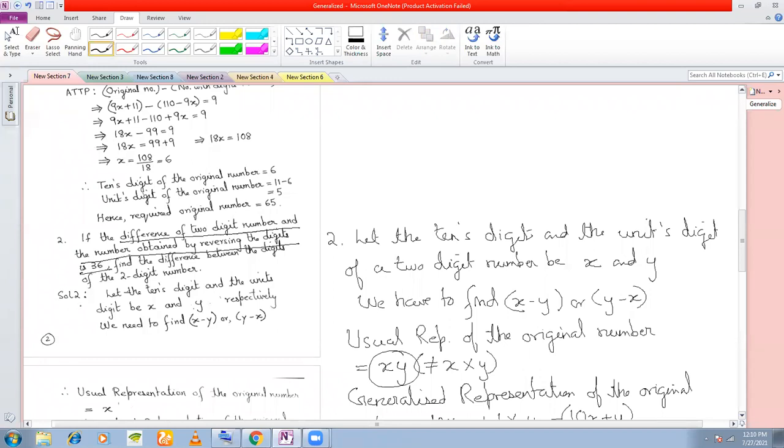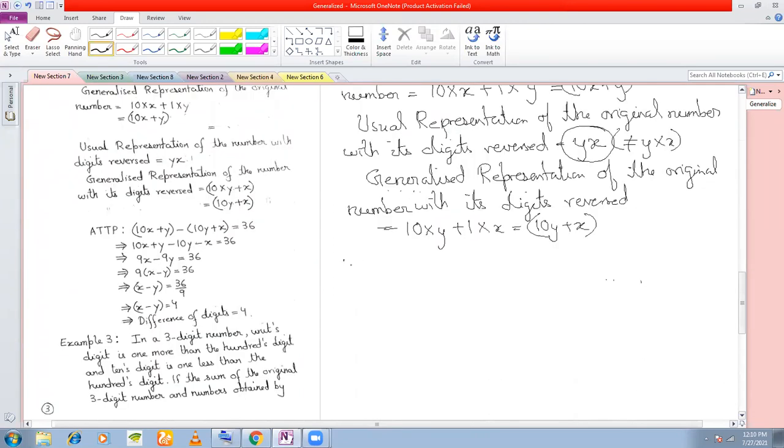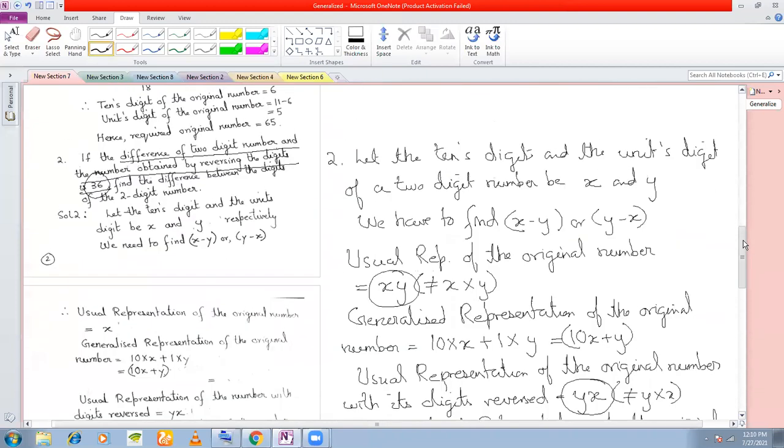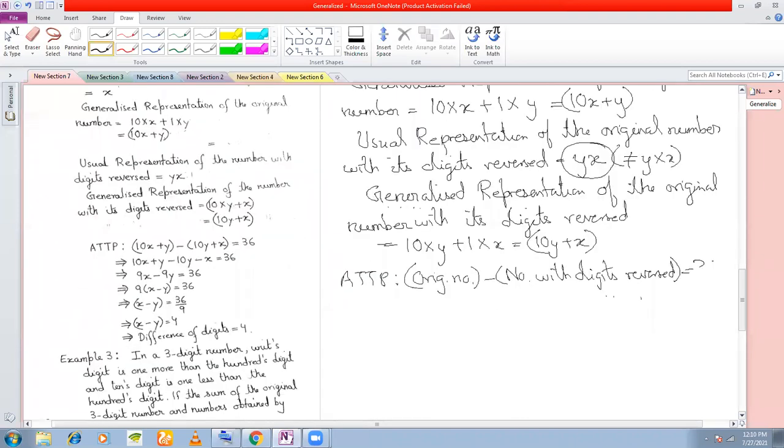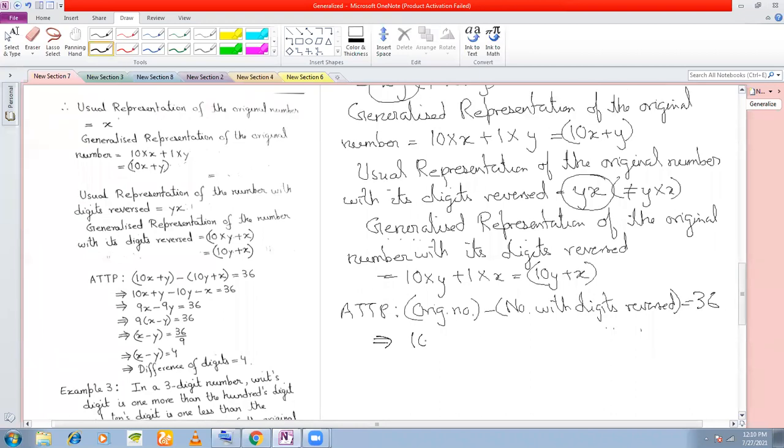That means original number minus number with digits reversed is equal to 36. The original number here is 10x plus y, and the number with the digits reversed is 10y plus x. So (10x + y) minus (10y + x) is equal to 36.